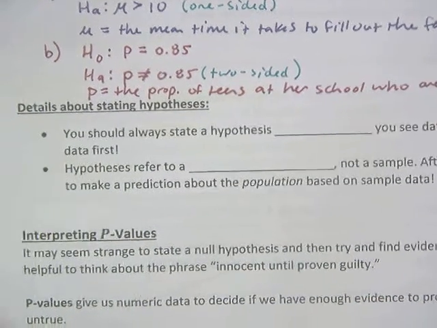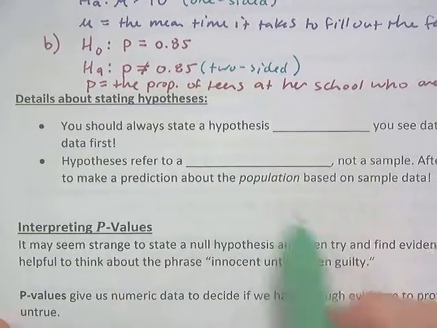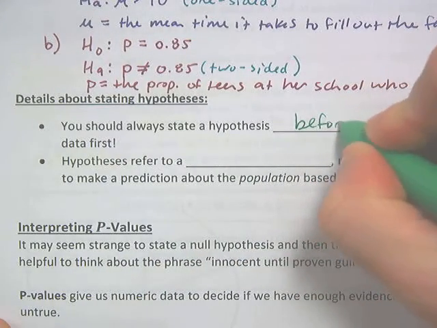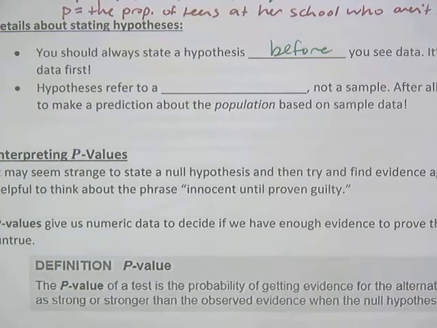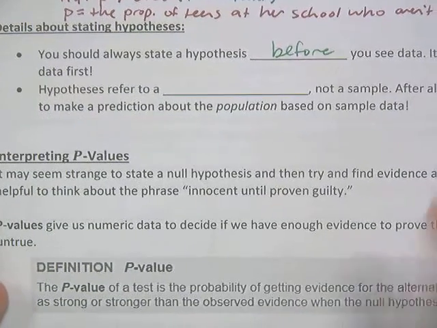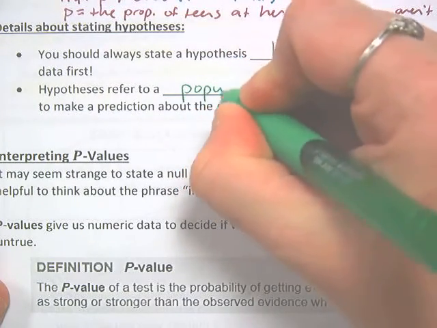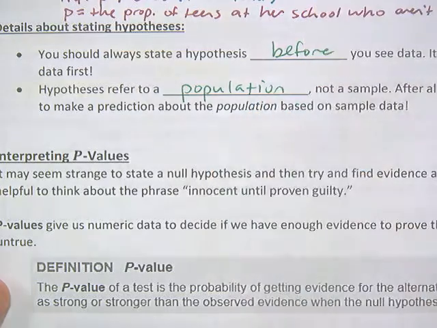Kind of common sense. You should always state your hypothesis before you see the data. In science class, you're not going to do the experiment and then state your hypothesis. It's the same thing in statistics. State your hypothesis before you see the data. And then hypotheses refer to population, not a sample.